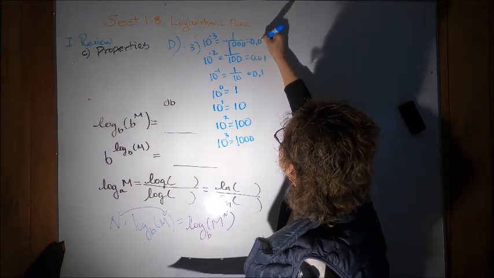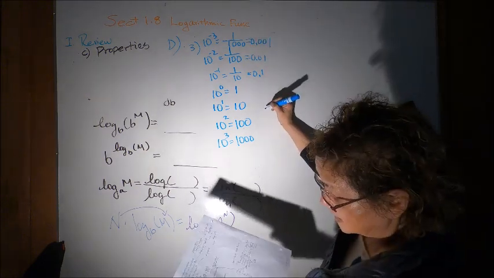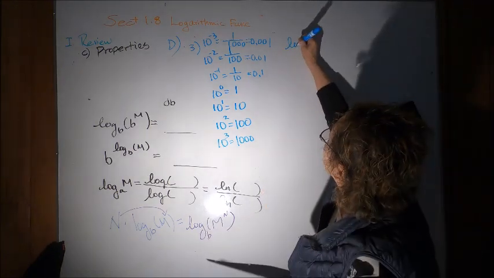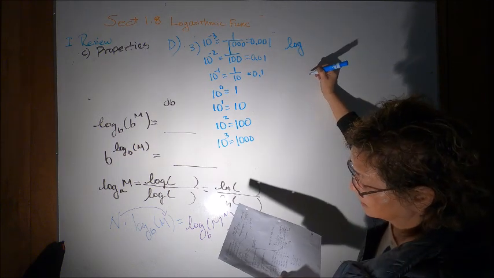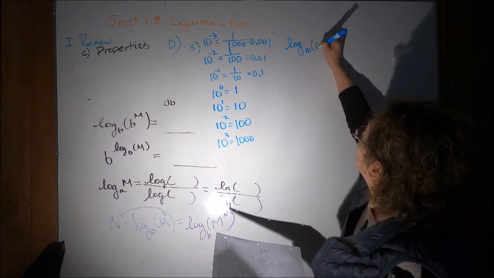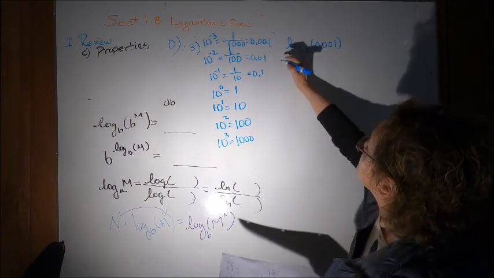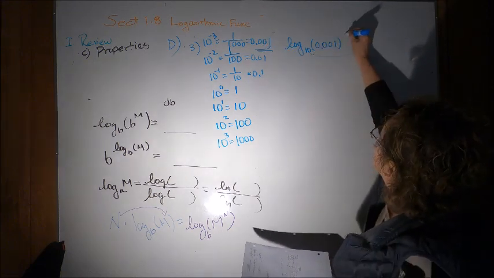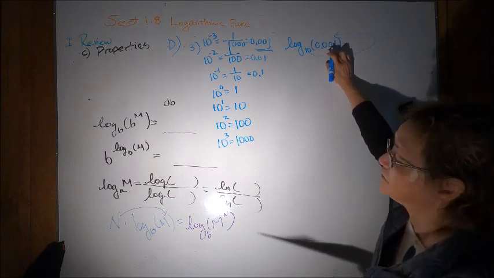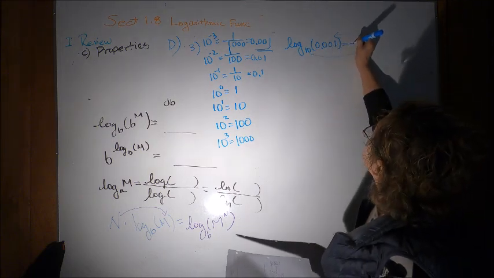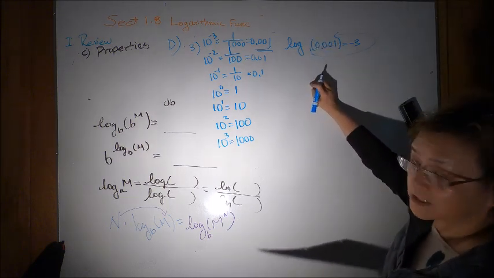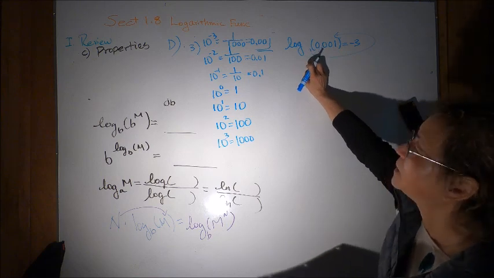If I write it in decimal form, 0.1, 0.01, 0.001, right? So if we translate this to log, you have log 10 of 0.001. Is that right? So you hook. What kind of power with base 10 gives the value 0.001? It's negative 3. Type in your calculator without the base 10, because that's the common log.